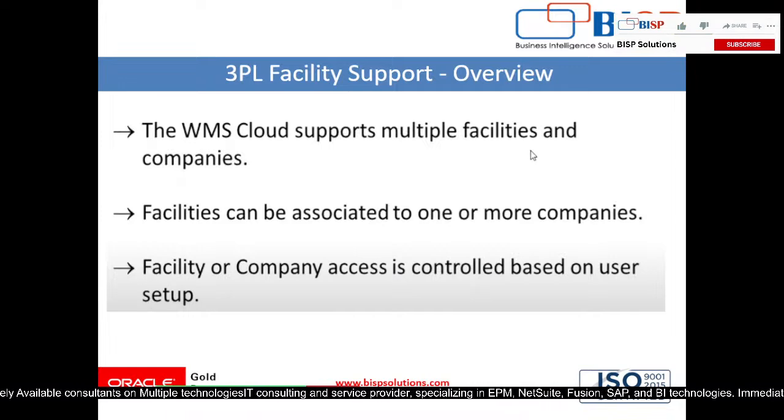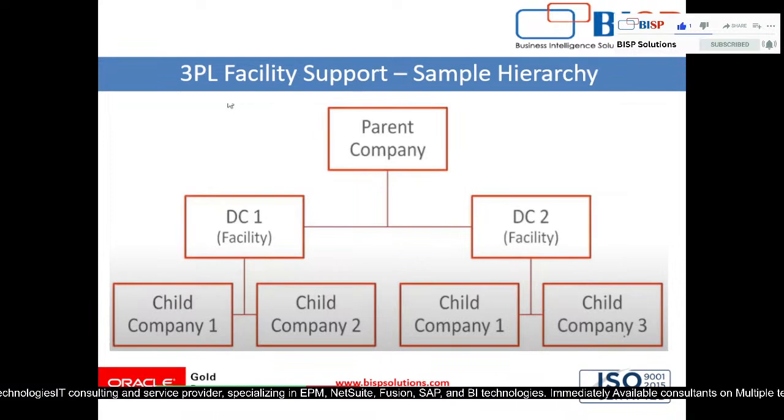We have to make sure that only the proper people will access the proper information, right? So we have some hierarchy. This is the sample hierarchy for the 3PL facility support. You can see this is the parent company, nothing but our business unit. Under your parent company, we have distribution centers, DC 1 and 2, right?